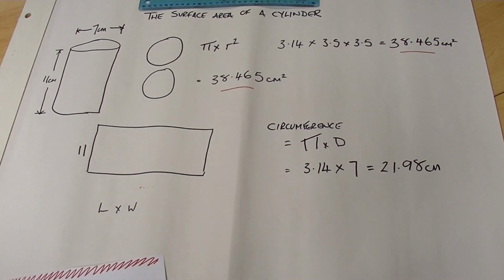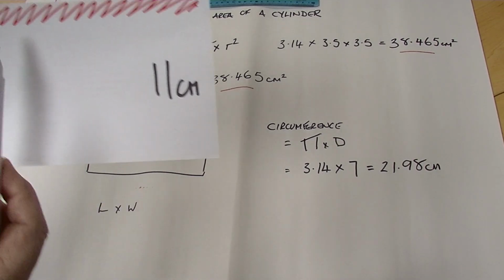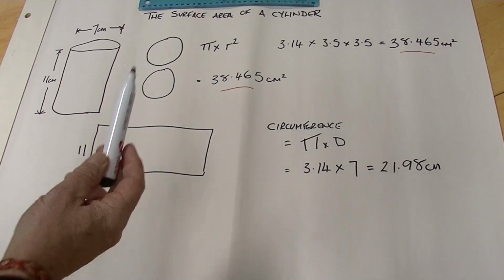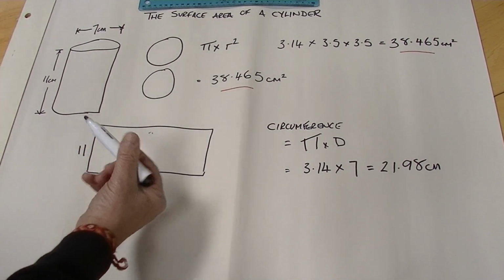That's just centimetres, it's not centimetres squared because it's not the area, it's only the circumference. So this missing figure here is 21.98.